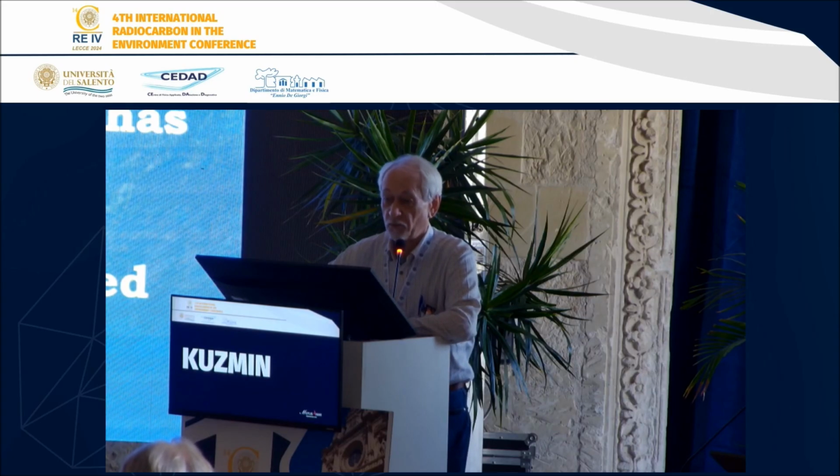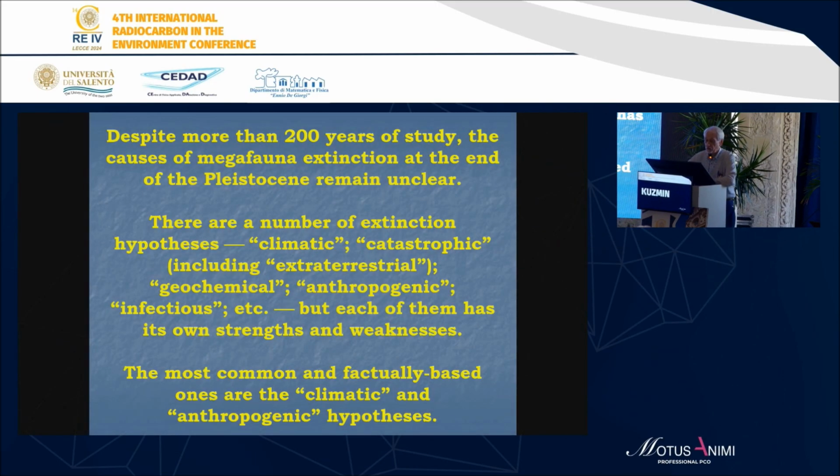Several hypotheses were proposed: climatic, catastrophic, including extraterrestrial, the Younger Dryas bolide or something from space. Geochemical, meaning a deficiency of certain elements at the end of their existence. Anthropogenic, that's human hunting.